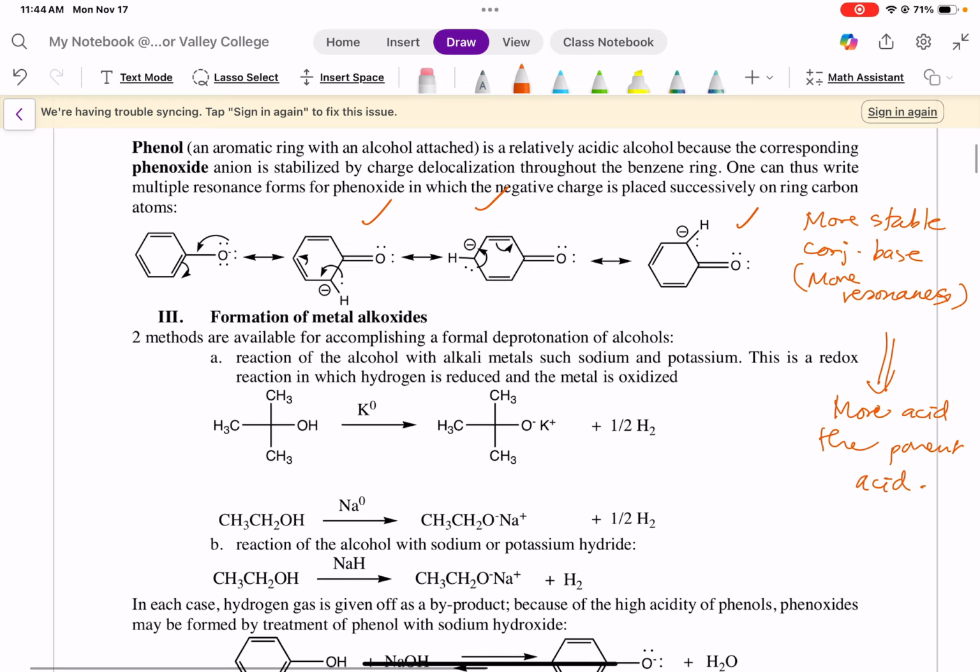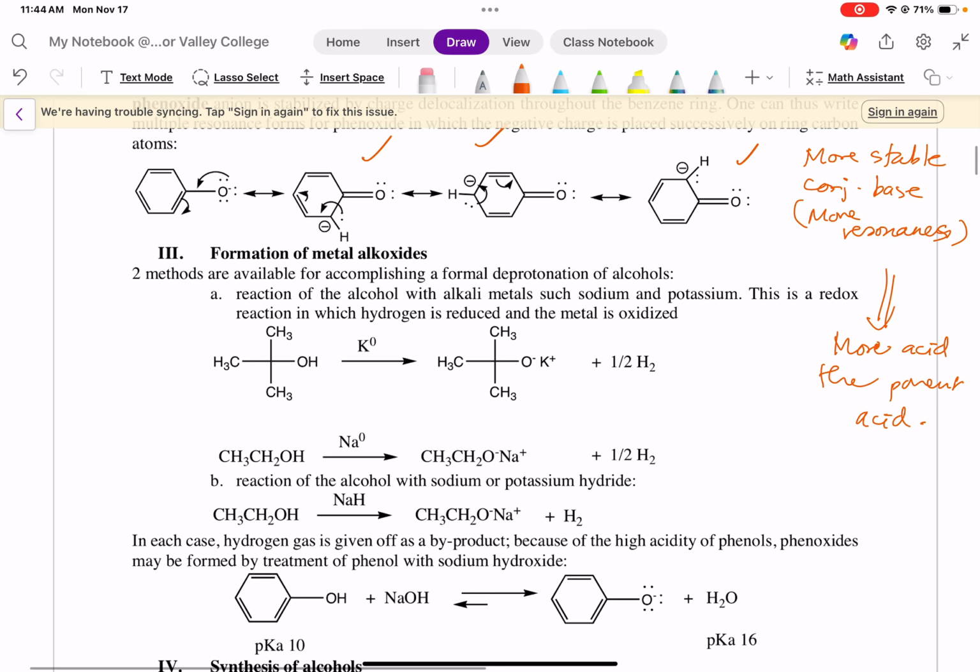Okay, so alcohol is really cool. When we take off the hydrogen, it becomes an alkoxide, and it's a super good base or a good nucleophile. And there are a number of ways we can take off the hydrogen.